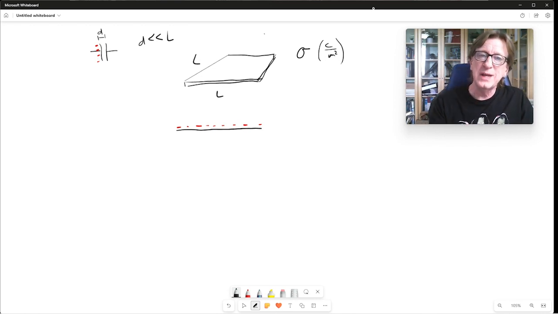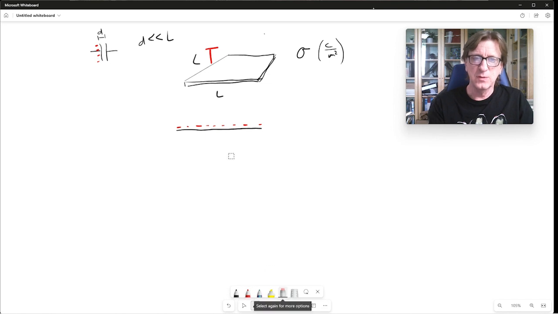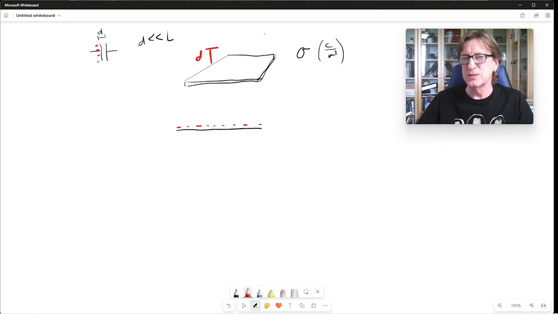And I want to know what is the electric field at some distance d from that plate. And hopefully you can see why we would want to use that, because that's going to be where my other plate is, where my positively charged plate is going to be. So that's going to be our interest in that.